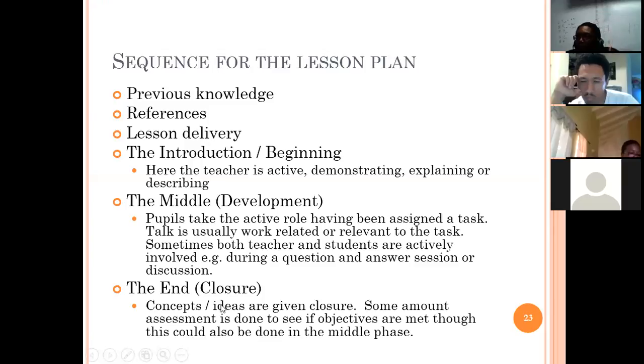So if I'm to use the 5E model, in the middle you'd have your explore, your explain, and your elaborate. So you have your explore phase, your explain phase, and your elaborate phase. You're going to do all of that in the middle.